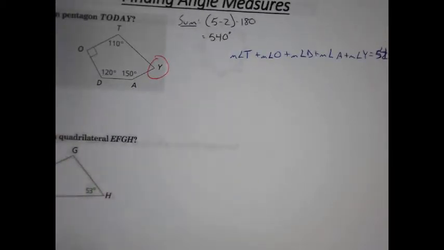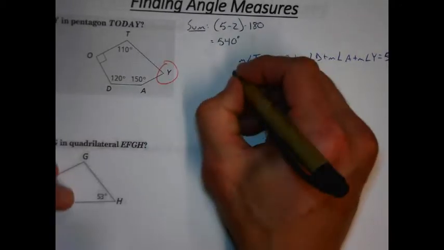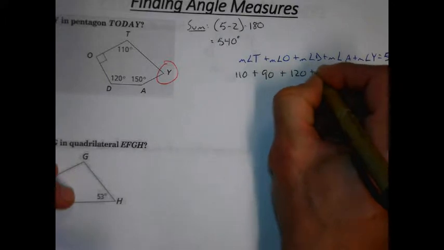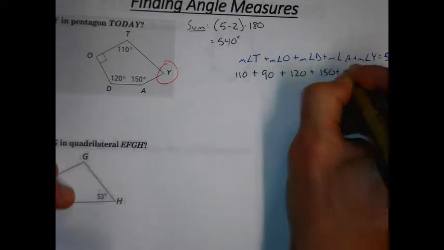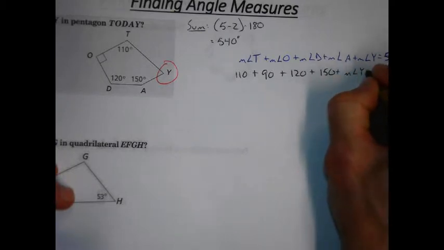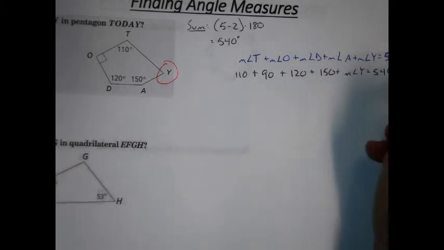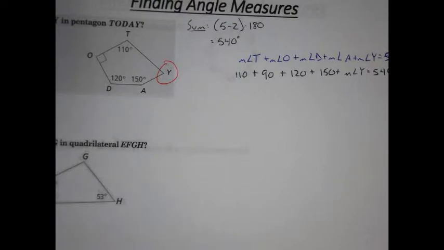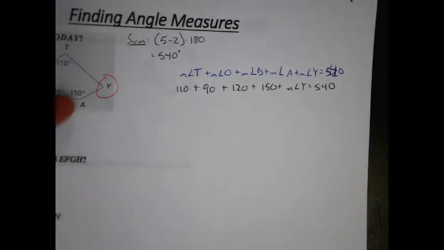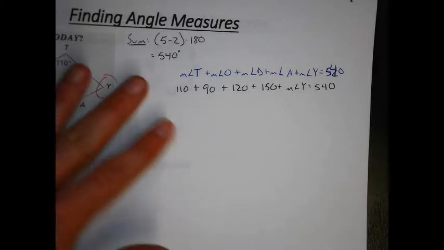The measure of angle t is 110, measure O is 90, measure D is 120, and A is 150, and we're looking for the measure of angle y. Okay, so we just made an equation. Do we have to make an equation? No, we don't have to. If you know what you're doing, it's a matter of subtracting all these things anyway, and I'll show you a shortcut in a second.